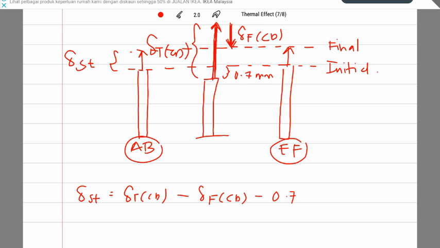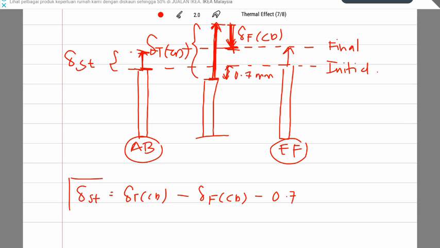Again, the distance here is equal to the whole elongation of CD caused by temperature, minus the deformation of CD caused by the internal force, and also minus the existing gap, which is 0.7 mm.